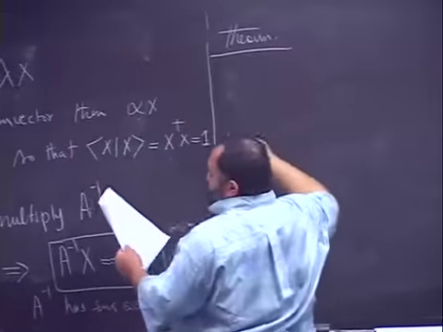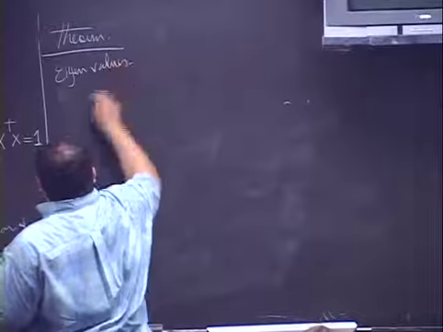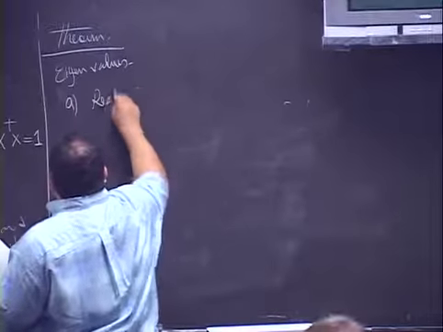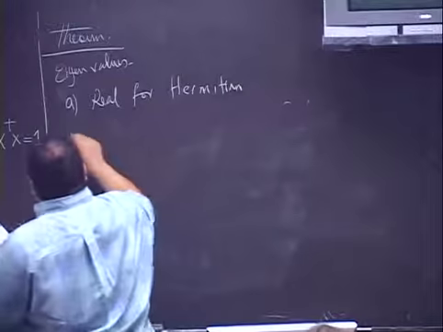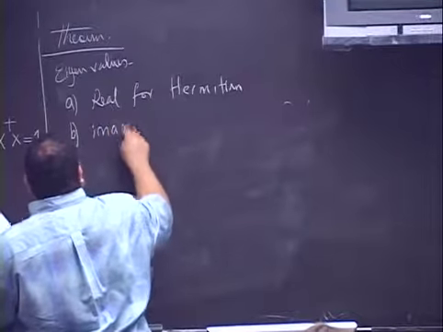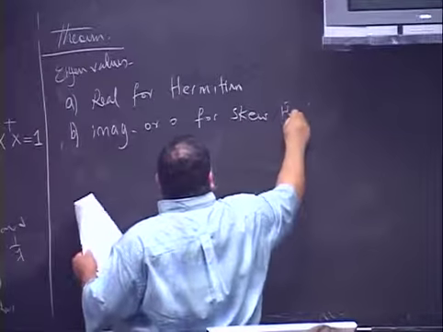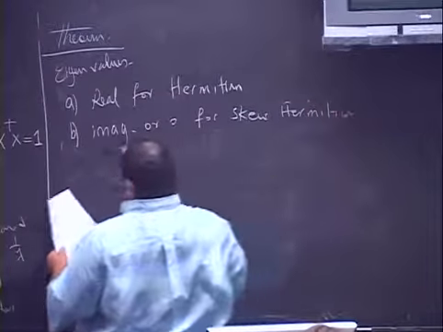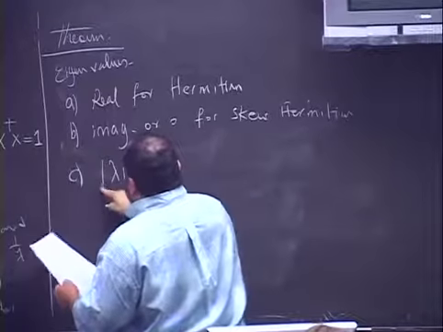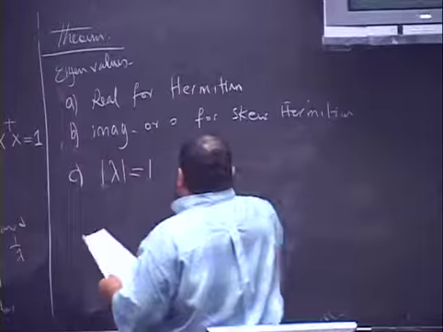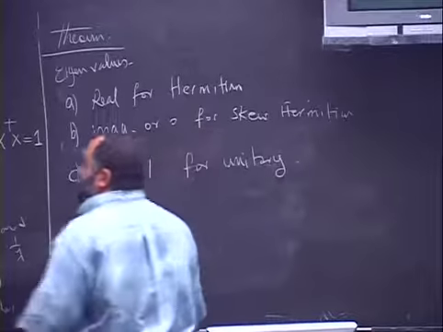A theorem states that the eigenvalues are either real for a Hermitian matrix, or they are imaginary or zero for a skew-Hermitian matrix, or the absolute value of the eigenvalues, if they are complex, will be equal to 1 for unitary matrices. So let's try to prove it.